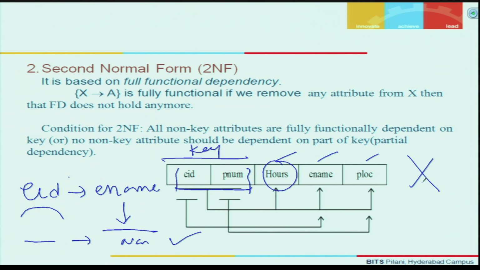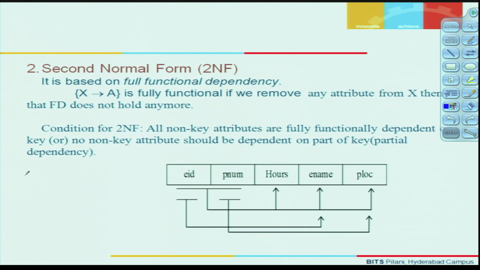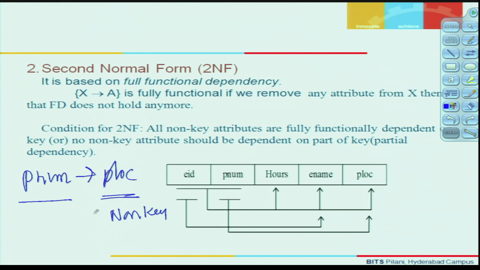And there is one more reason why it is not in second normal form. If you take the other functional dependency, wherein pnum determines p location, p location is a non-key attribute, but pnum is a key attribute that is only part of the key, not the complete key. So the non-key attribute p location is determined by part of the key.